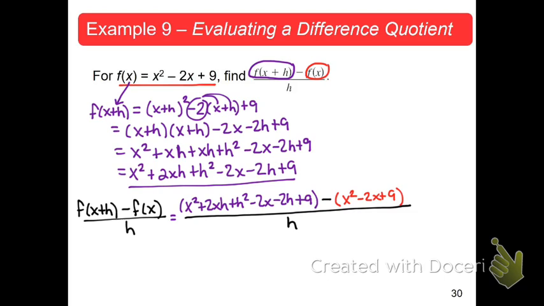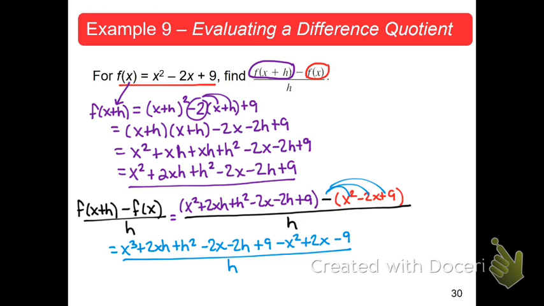What we need to do now is distribute this negative symbol right here so we can get rid of our parentheses. So I've got x cubed plus 2xh plus h squared minus 2x minus 2h plus 9 minus x squared plus 2x minus 9, and this is going to be all over h.